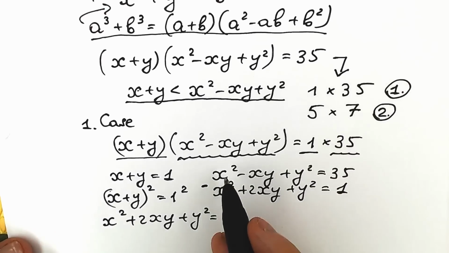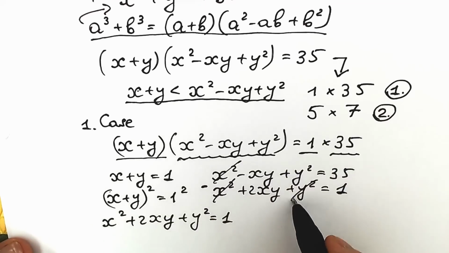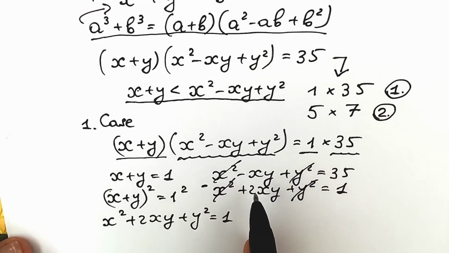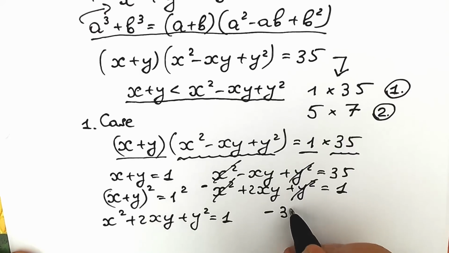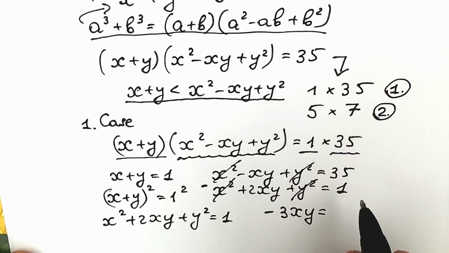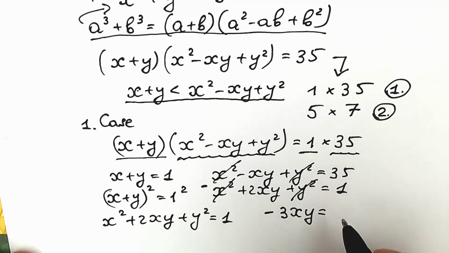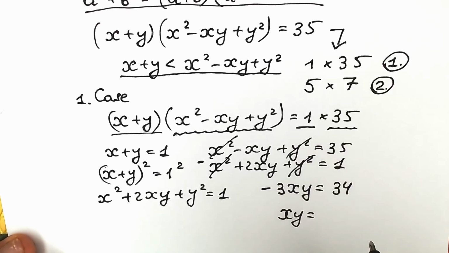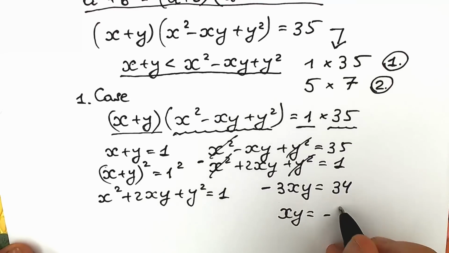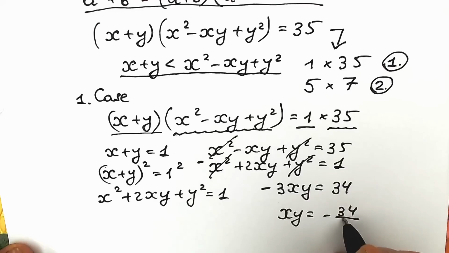So from here, what do we have? We cancel x squared and y squared. We have minus xy minus 2xy. So as a result, we have minus 3xy equal to 35 minus 1, which is 34. So from here, xy is equal to minus 34 over 3.